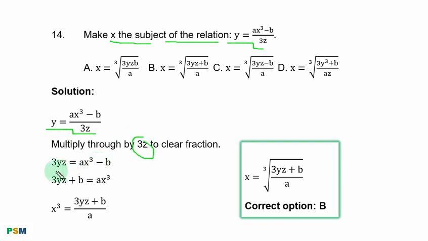You have this result. We are interested in s, so transfer this term to the left. You have this result. To get s cubed first, divide both sides by a, and to get s, take the cube root of both sides. The correct option is B.